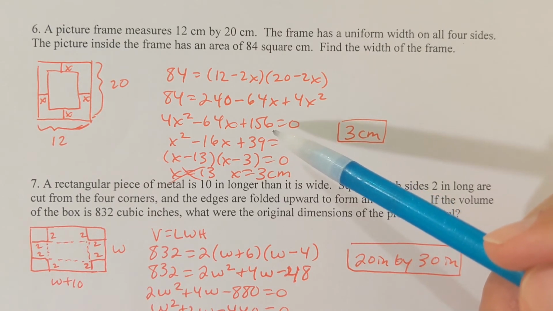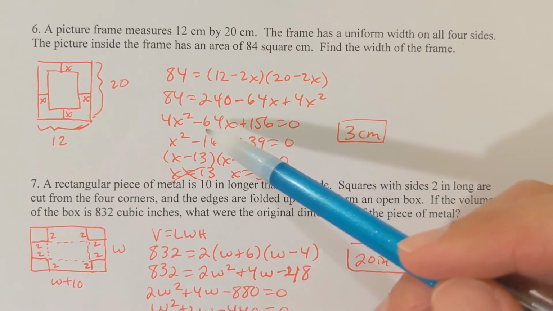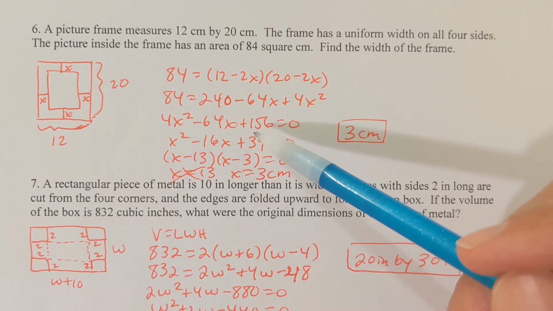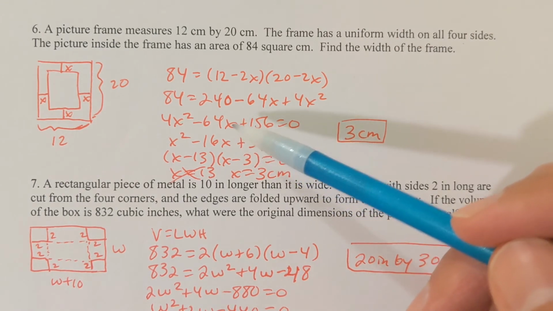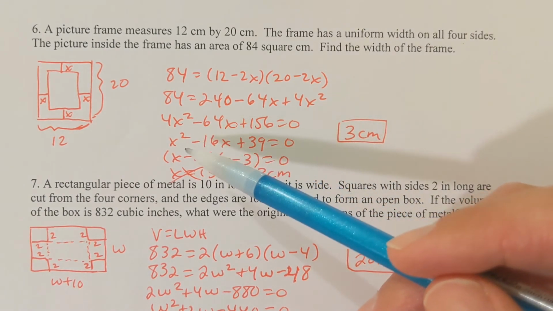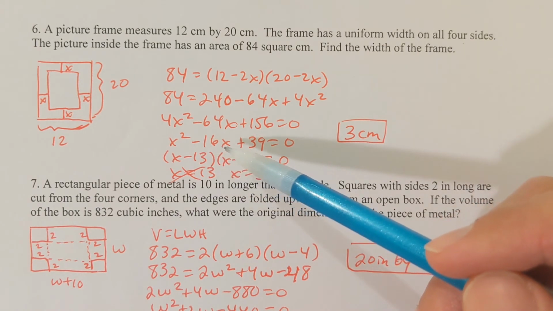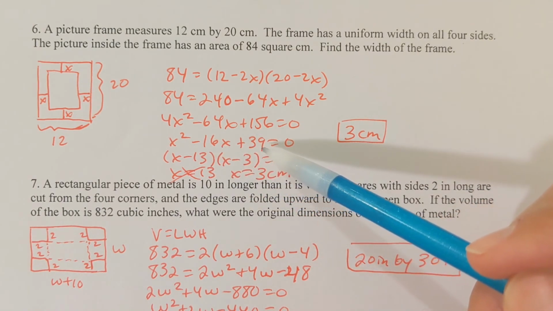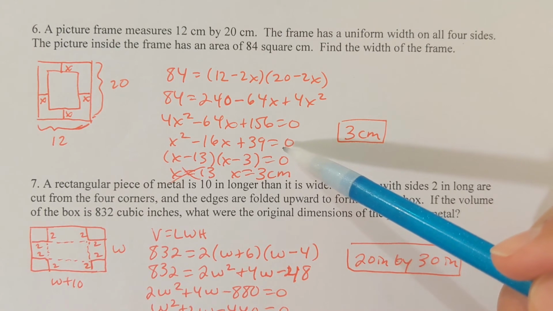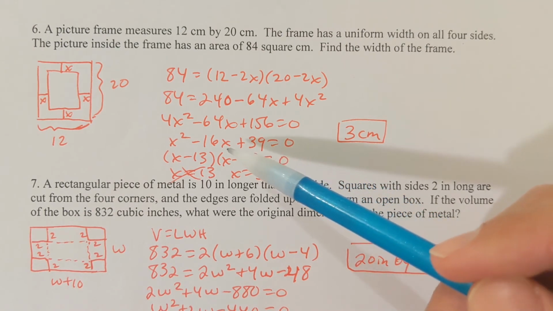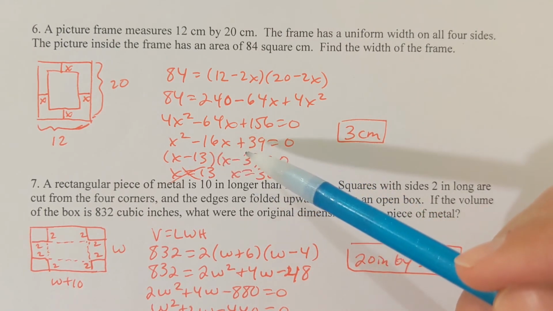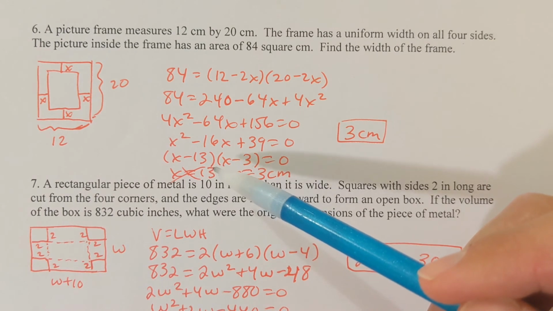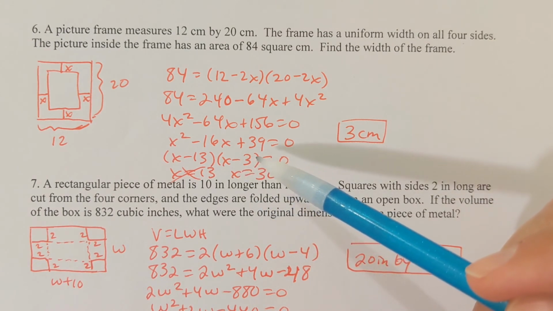I can make the numbers nicer by dividing both sides by 4. It goes into these numbers evenly. So I got x squared minus 16x plus 39 equals 0. This is going to factor nicely for us as x minus 13 times x minus 3.